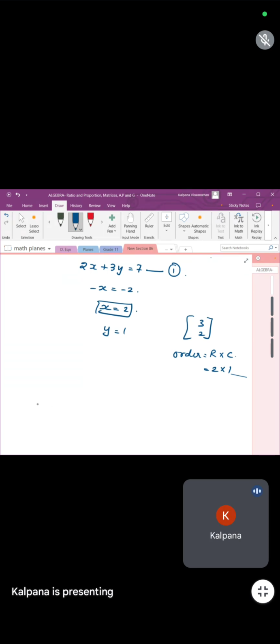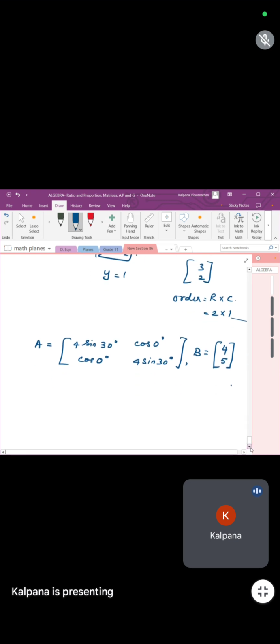Next one. Given matrix A equal to 4 sine 30, cos 0 and 4 sine 30. This is your matrix A, and matrix B is equal to a column matrix 4, 5. If you have only one column, we call it a column matrix.